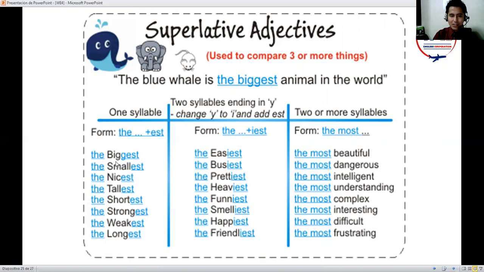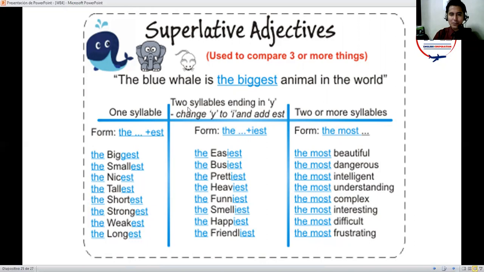Okay, now listen and repeat. The biggest, the smallest, the nicest, the tallest, the shortest, the strongest, the weakest, the longest.